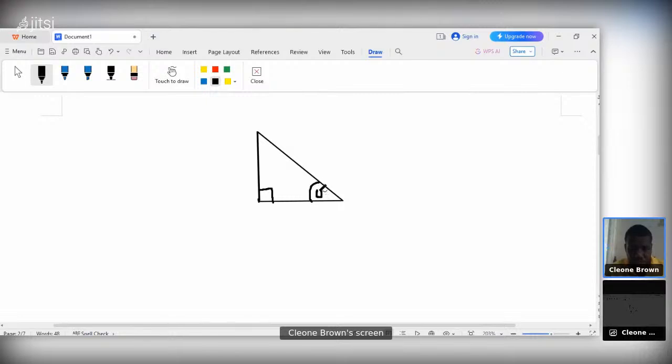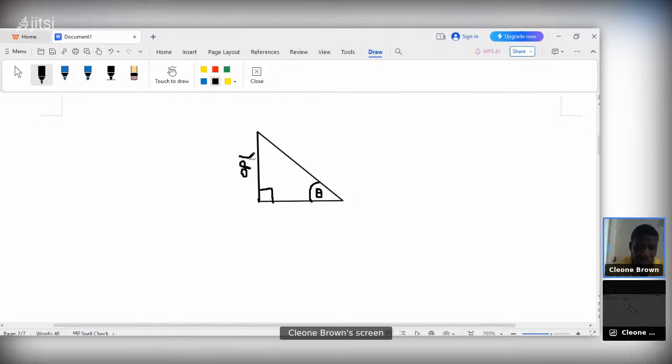I'm gonna put the symbol theta here to represent an angle that would be formed right at this corner. The side that is facing the reference angle would be your opposite side.